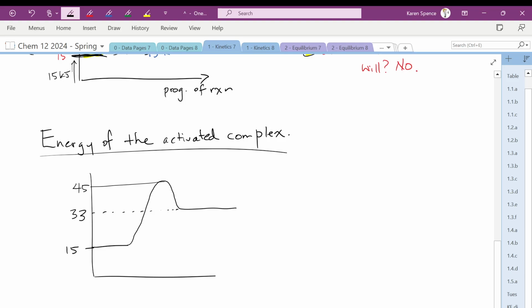So what is the activation energy for this diagram? The activation energy, that's what we just did. It is equal to 30 kilojoules per mole.